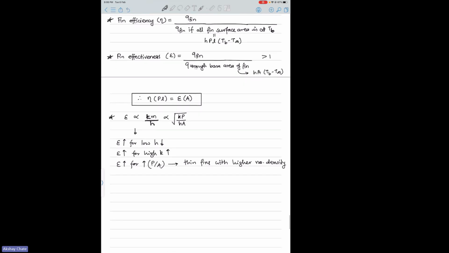That means your cross-sectional area will be less and the periphery should be more. So that means thin fins with higher number density. They should be as close as possible and as thin as possible.